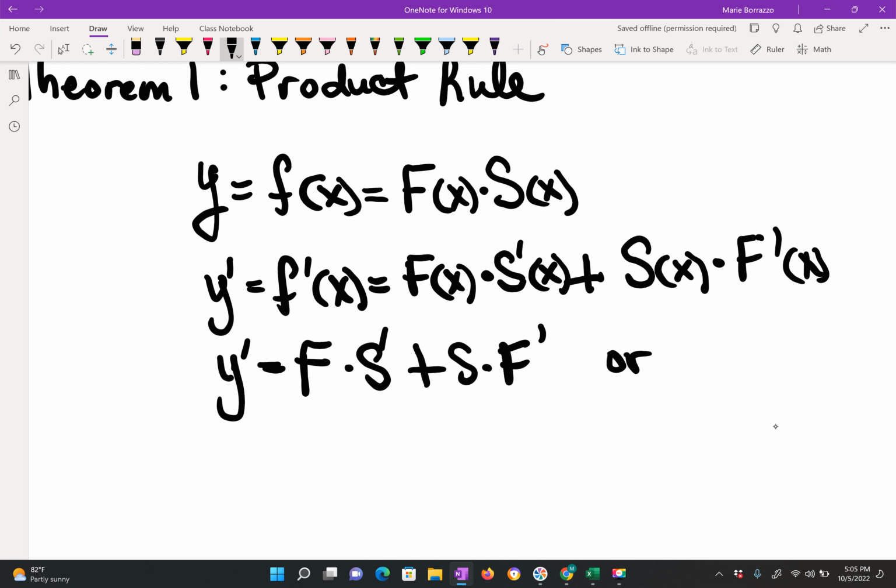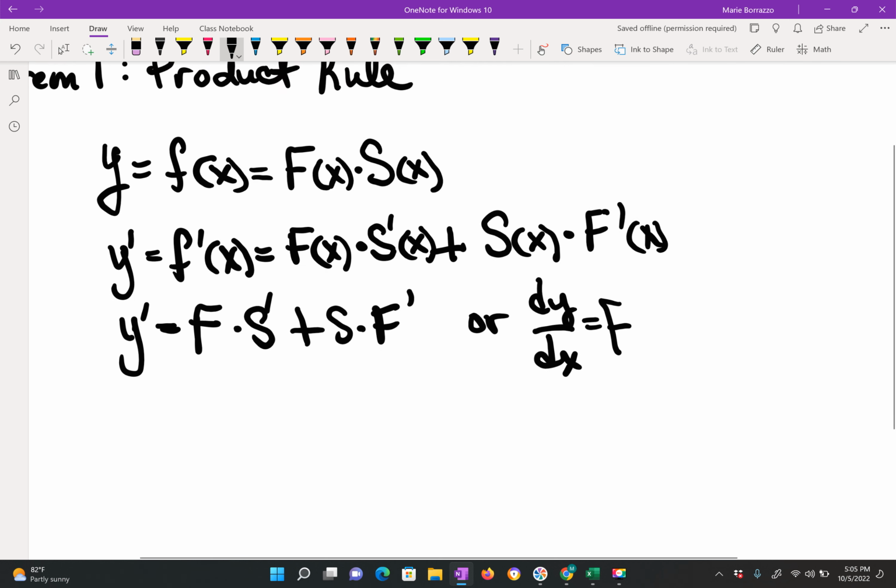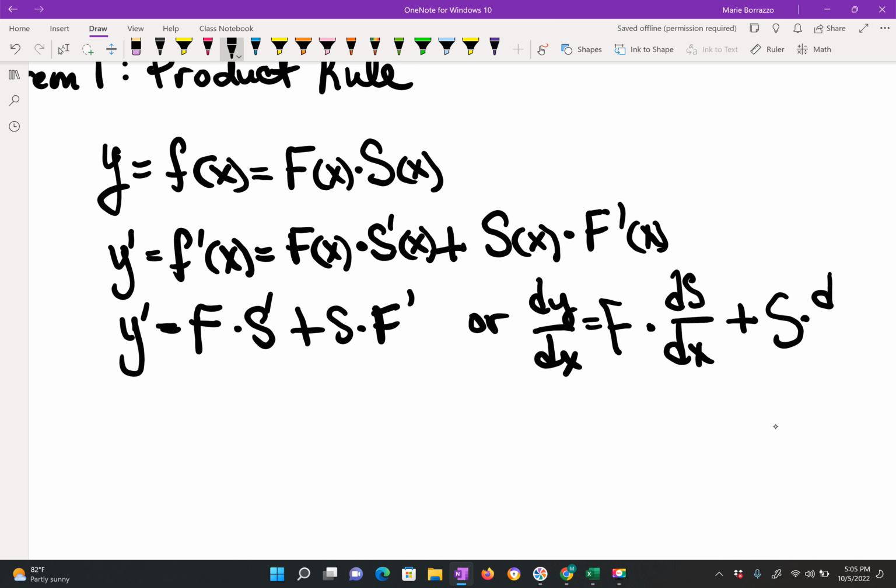And you may also see it as dy over dx is equal to the first term, or the first binomial, times ds over dx, in other words the derivative of the second term, plus the second term times the derivative of the first. So all of these are ways that you can see this notation.